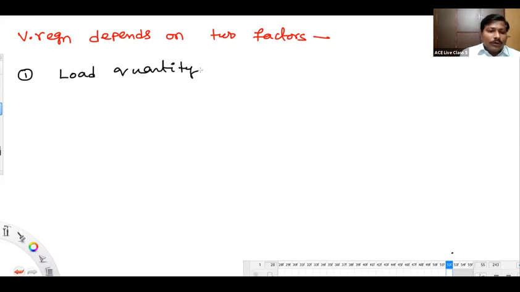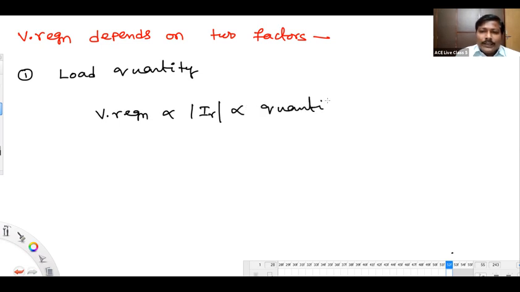Because listen, if the load is getting doubled, obviously we say current is going to be doubled almost. If the load becomes half, current also becomes half. In that perspective, let me write first. Voltage regulation is proportional to the current magnitude, and that current magnitude will be proportional to the quantity of the load at a given power factor, or at a constant power factor.